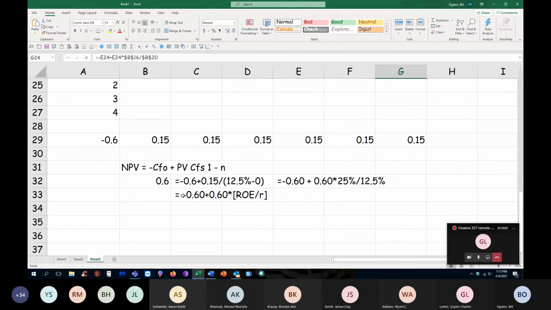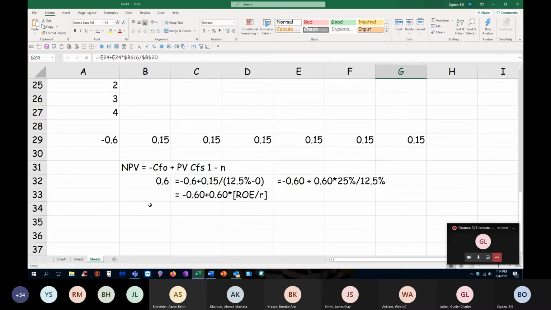Now what happens in our case? ROE exceeded R. If ROE exceeds R, then this quotient is greater than 1. Therefore, the NPV is positive. What happens if ROE is less than R? Well, unfortunately, this becomes negative, and you're actually destroying value, aren't you?